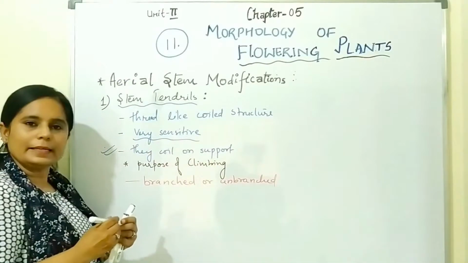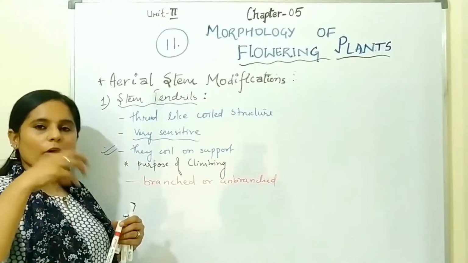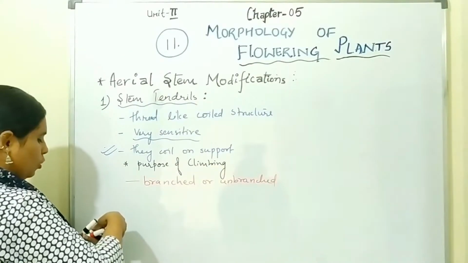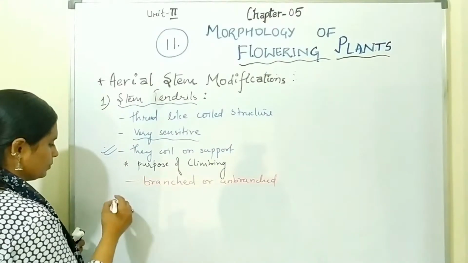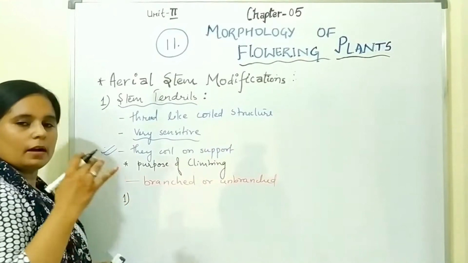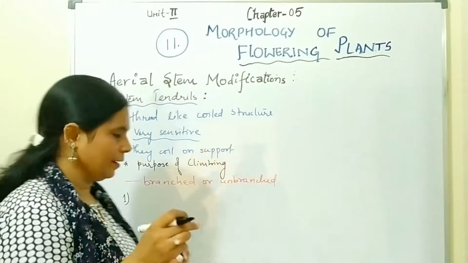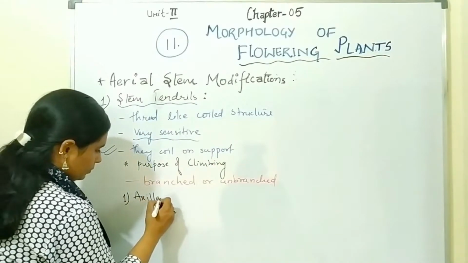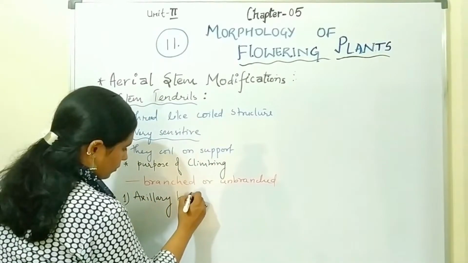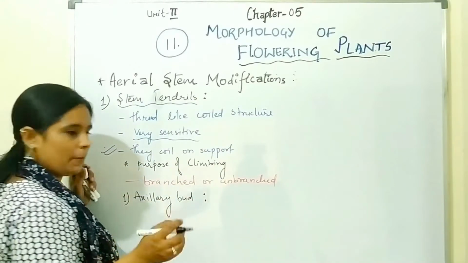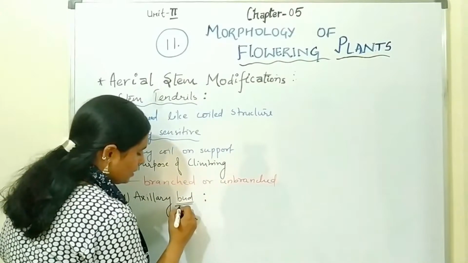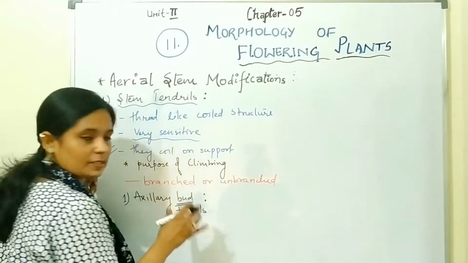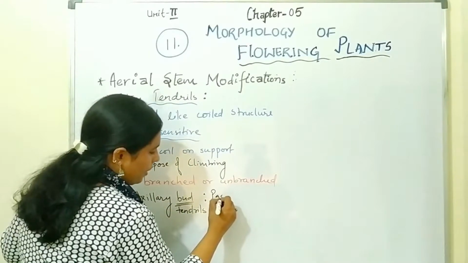Then the tendrils can grow from any part of the stem. It depends on plant to plant. If we talk about axillary bud tendrils, you will see such tendrils in the case of Passiflora.